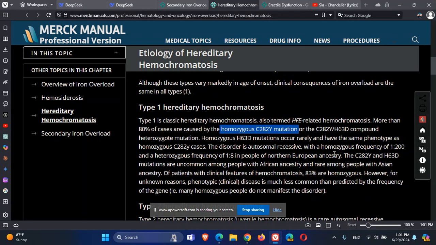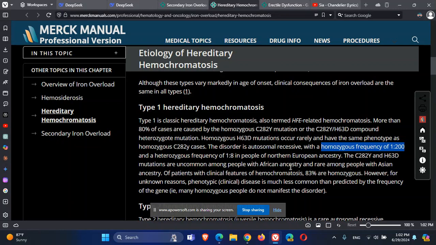You can see how common it can be: 1 in 200 in Northern European ancestry in the USA. This is quite a high prevalence, but many of them don't even develop a clinical disease. It's just a genetic mutation without an apparent clinical manifestation.